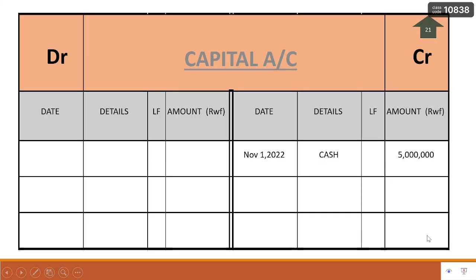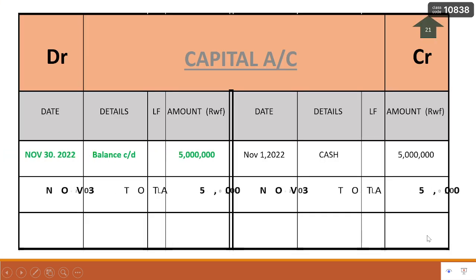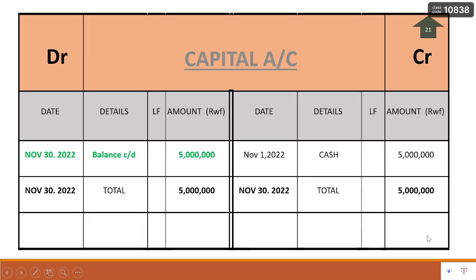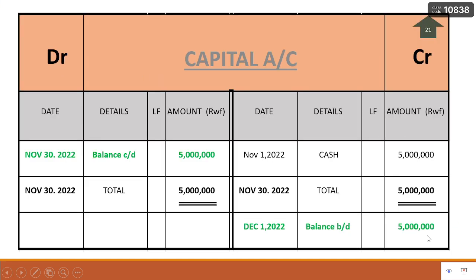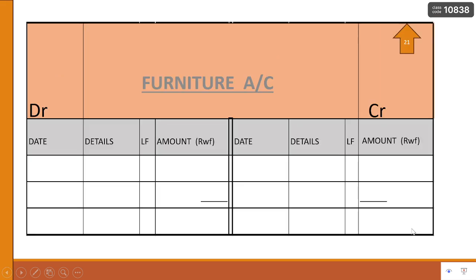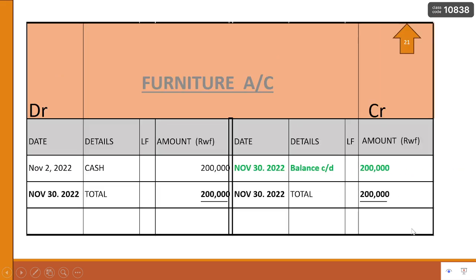So going to the capital account, we balance it off also. The balance brought down is 5 million. This is a credit balance. Then on furniture, we also balance it off.